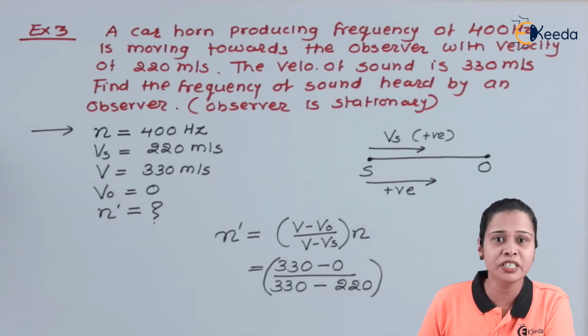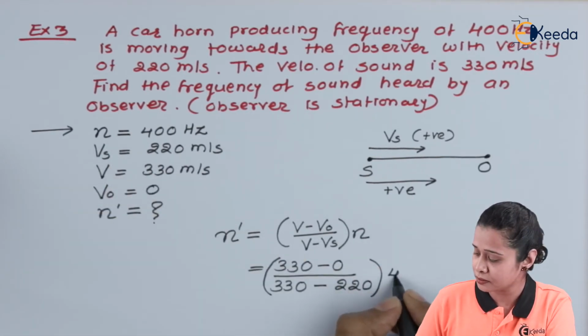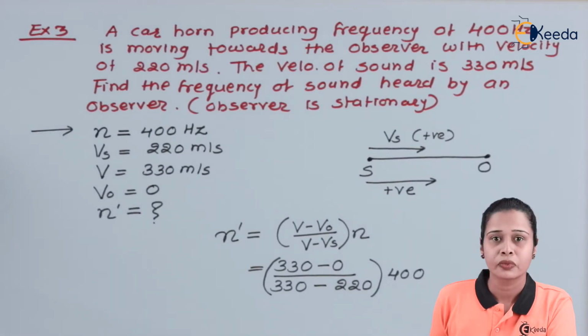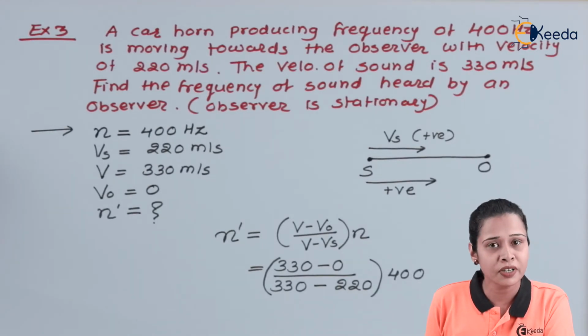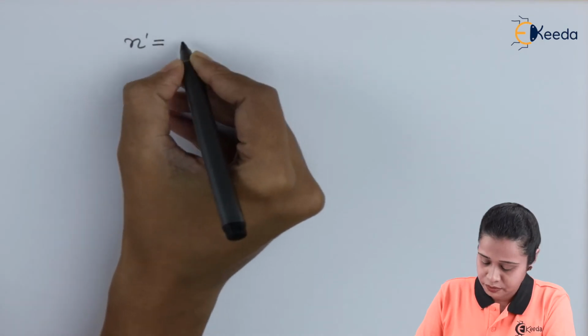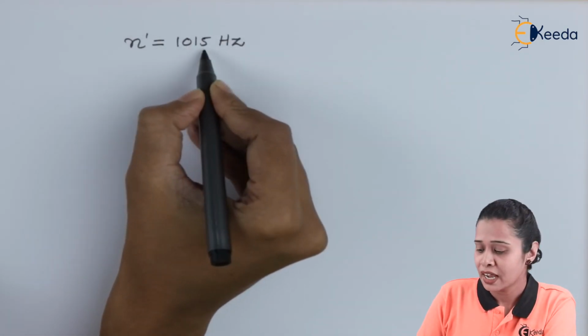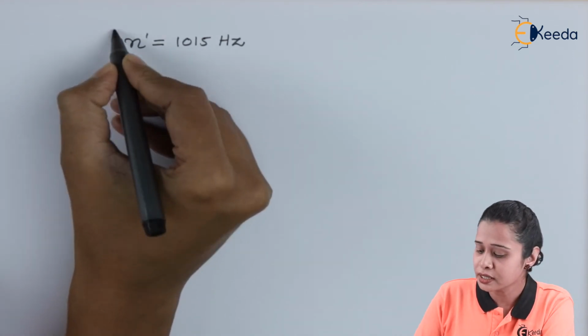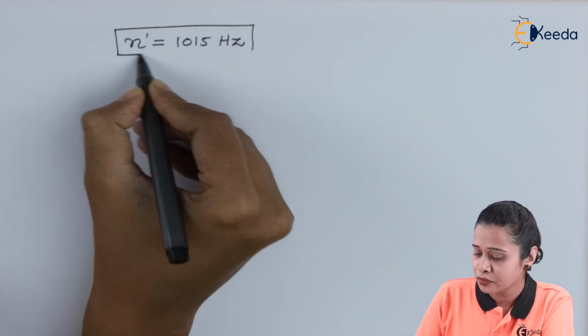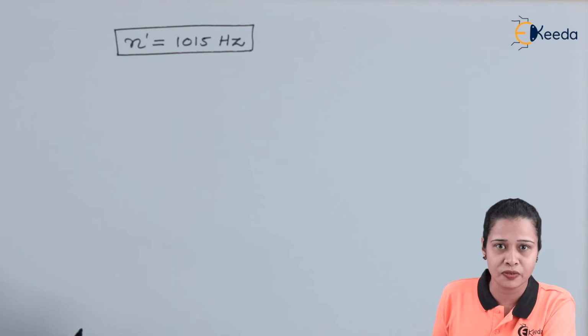The value of n means actual frequency is 400. After solving this, we will get 1015 Hz. So this is the apparent frequency which is observed by the observer.